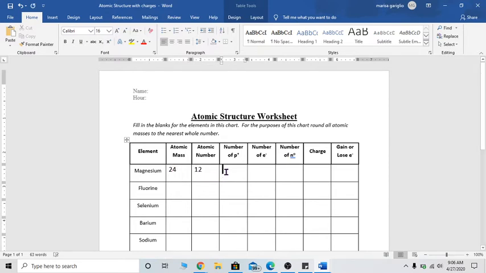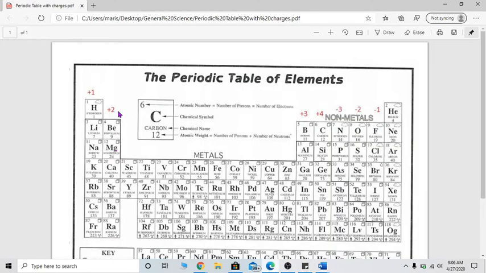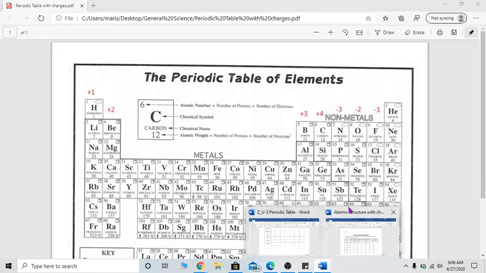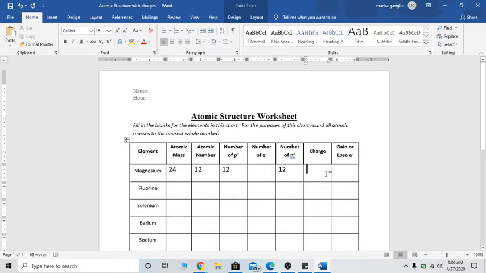Number's 12. Number of protons is 12. Electrons, we're going to wait. This here is 24 minus 12, and in this case, it's going to be the same. My charge, if we go back, I'll show you again. Magnesium is a plus 2. So go over here, type in plus 2.